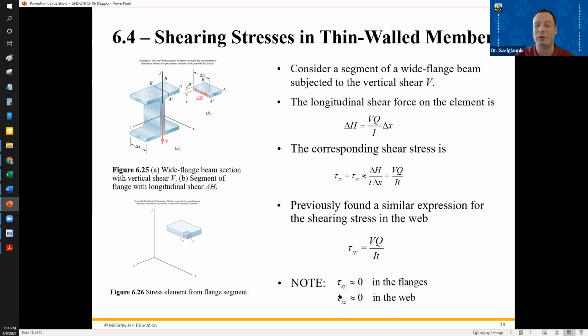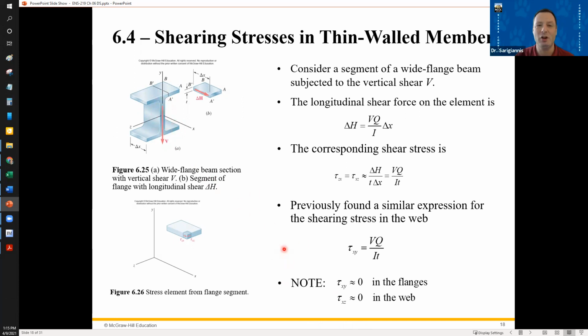One thing they're pointing out here is that tau xy in the flanges is approximately 0, and tau xz in the web is approximately 0. So let's think about that physically. What's happening? You're loading up this beam, and the bulk of the load is ultimately being supported by this center section.